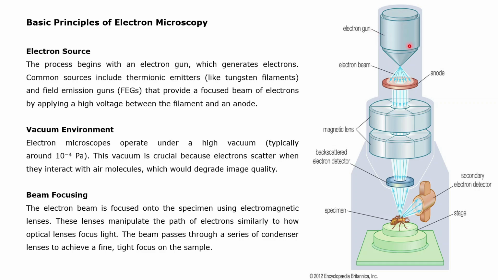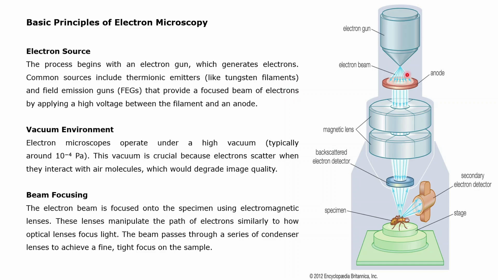It does not use any light wave to produce an image, it just uses an electron beam. So this electron gun produces electrons in a beam. Common sources include thermionic emitters, or tungsten filament, or a field emission gun. These are the electron sources which, when undergone a high voltage, release a beam of electrons.